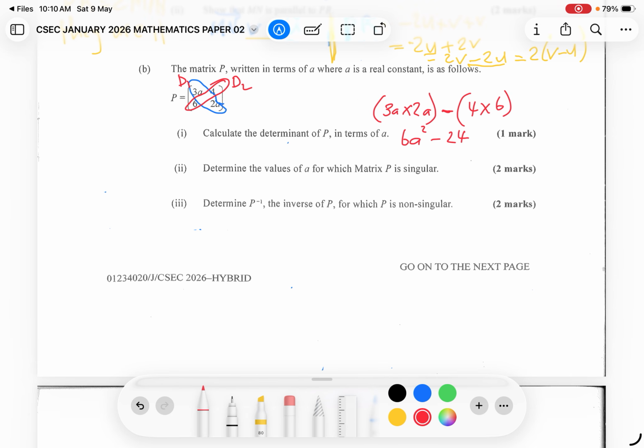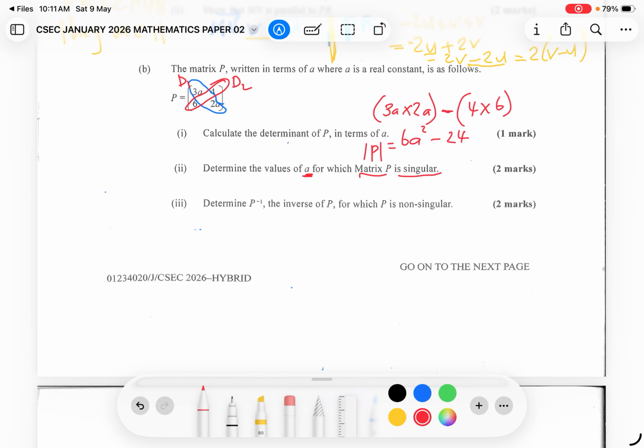So in terms of A, the determinant of P is 6A squared minus 24. The next thing says to determine the value of A for which matrix P is singular.